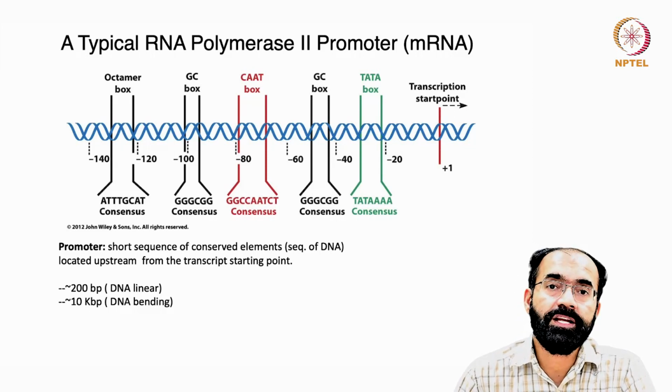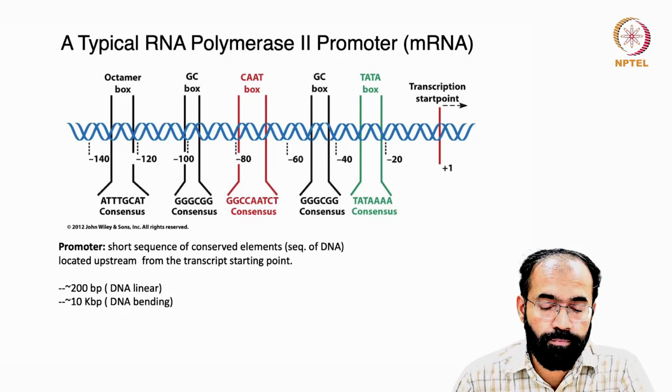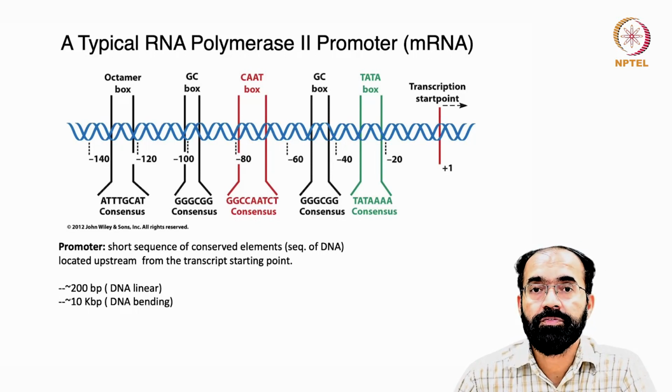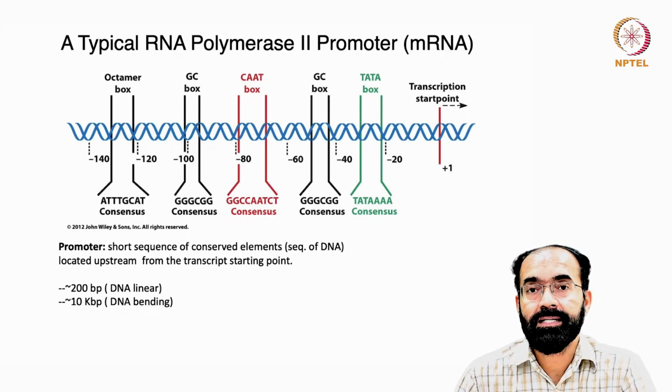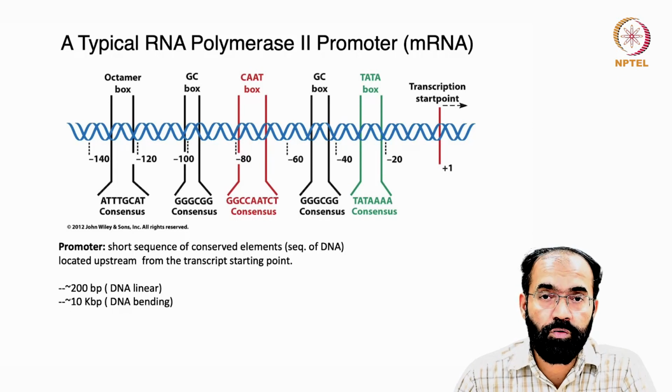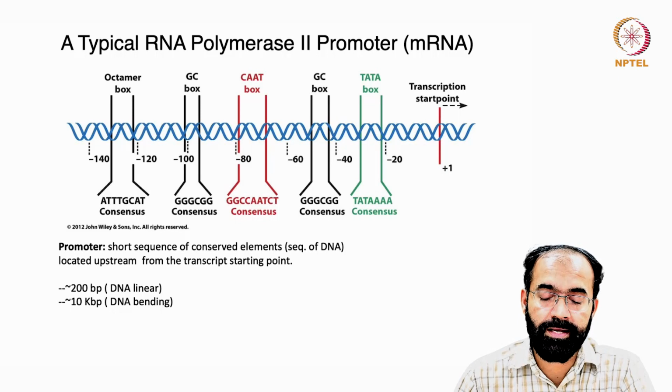So RNA polymerase II, being the polymerase doing the transcription of genes encoding mRNAs, its study and its regulation becomes more important than polymerase I and polymerase III.